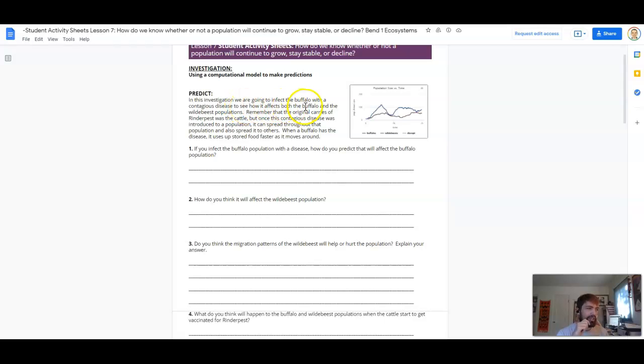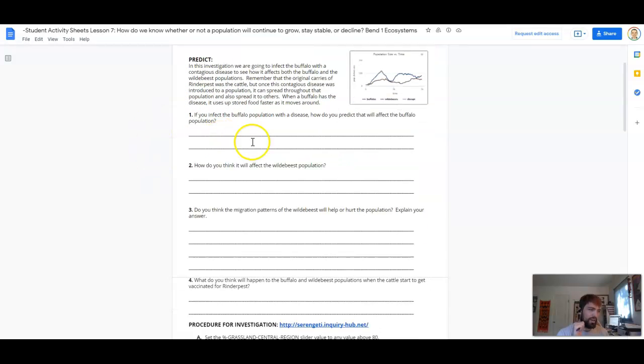Remember that the original carriers of rinderpest were the cattle, but once this contagious disease was introduced to a population, it can spread throughout that population and also spread to others. When a buffalo has a disease, it uses up stored food faster as it moves around. Based on these questions, go ahead and pause this video and reflect on numbers 1 through 4 of what you predict is going to happen.